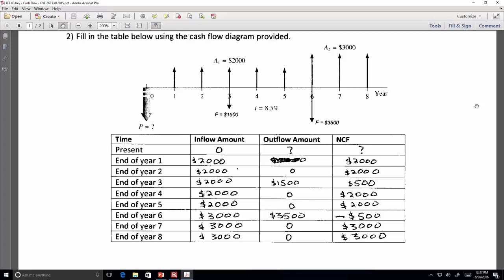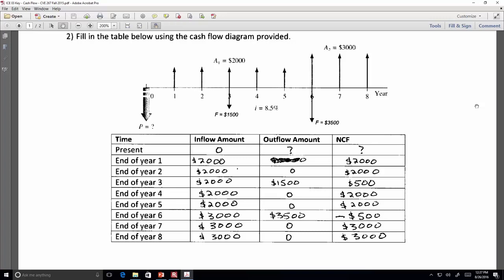What this problem statement is saying, from the picture, is find out the present value of all of these future cash flows. What is the present amount if you discount all those future expenses and revenues to year 0? So we said it's, from the picture, considering 0 inflow and an unknown outflow.